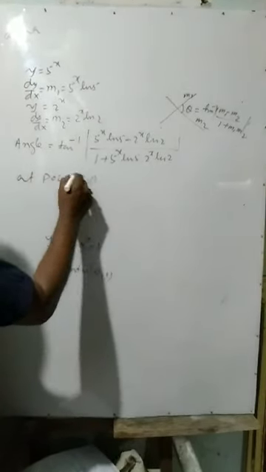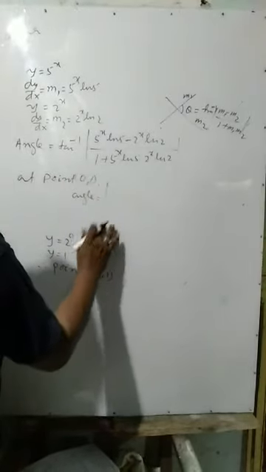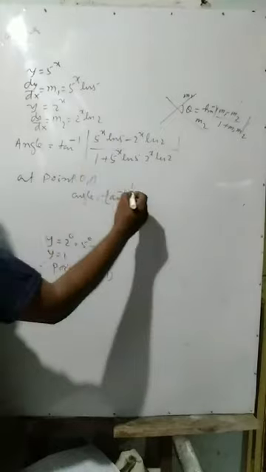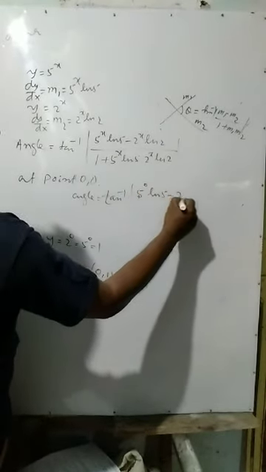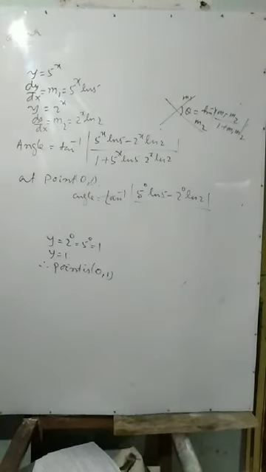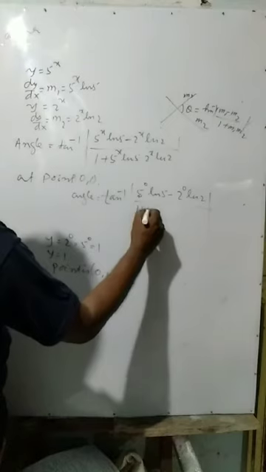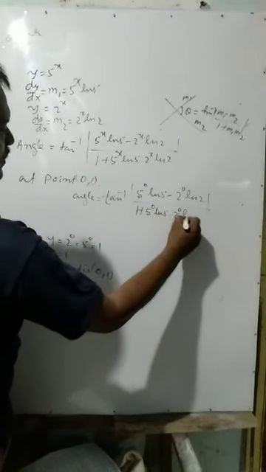So at point (0, 1) the angle equals tan inverse of (5 to the power 0 ln 5 minus 2 to the power 0 ln 2) by (1 plus 5 to the power 0 ln 5 into 2 to the power 0 ln 2).